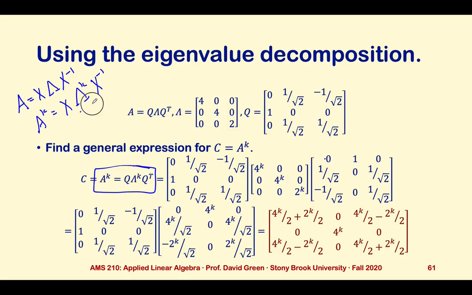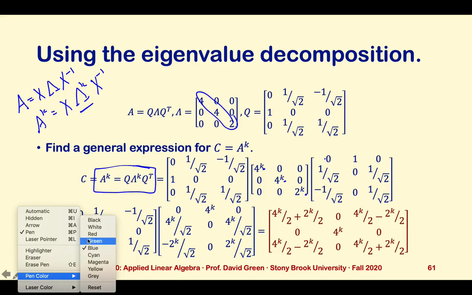To take lambda to the power of k, we simply take each of the diagonal elements of lambda and raise it to k. After writing this down, we go through and just do the matrix multiplication.